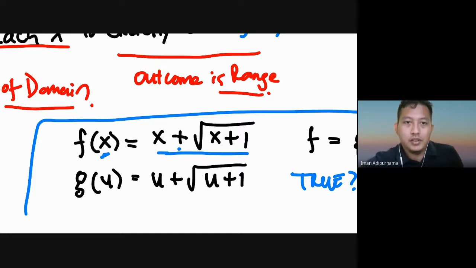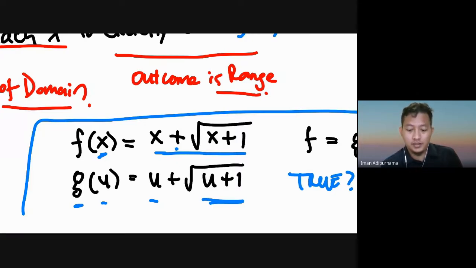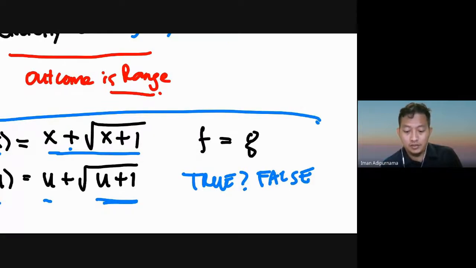And then g, when you put in u, also makes something like this. Then by looking at how the result is, you can simply say that, okay, this is true.